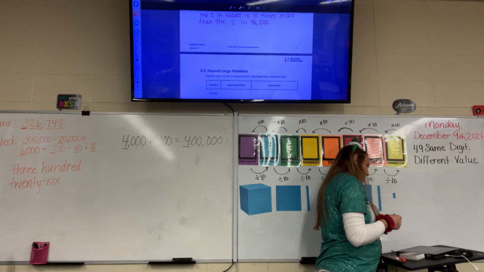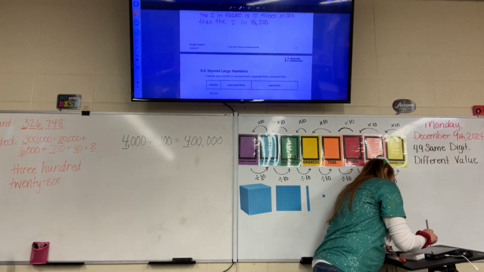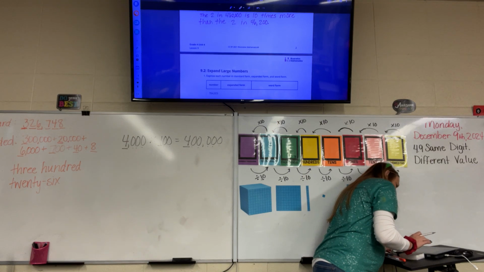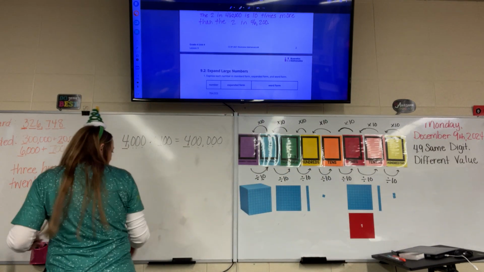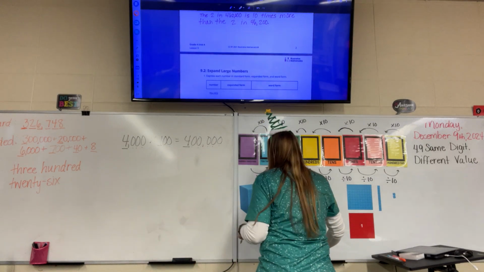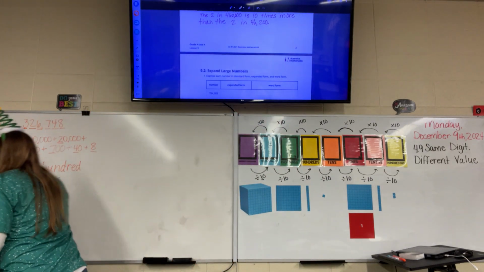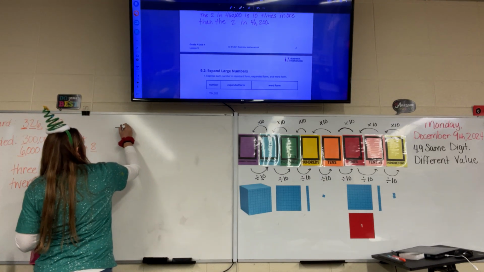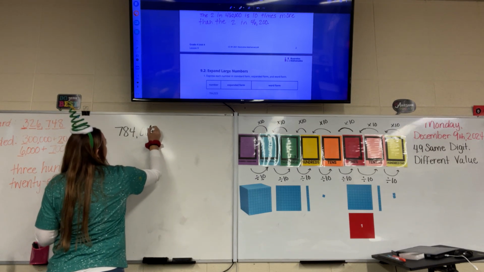Express each number in standard form, expanded form, and word form. Okay, so here's the number that they gave us. I think what I'm gonna do is write them here so they're more clear. 784,003.